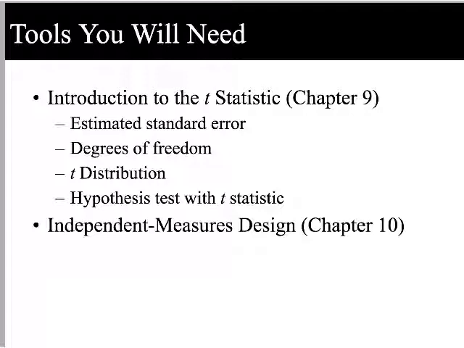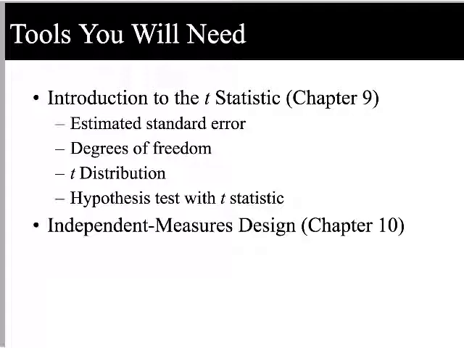So things you're going to need to know in order to fully understand and grasp what we're covering in this chapter is all things related to the t-statistic. That is, the estimated standard error, degrees of freedom, t-distributions, being able to identify a critical t-value given the alpha and degrees of freedom, conducting a hypothesis test with a t-statistic.